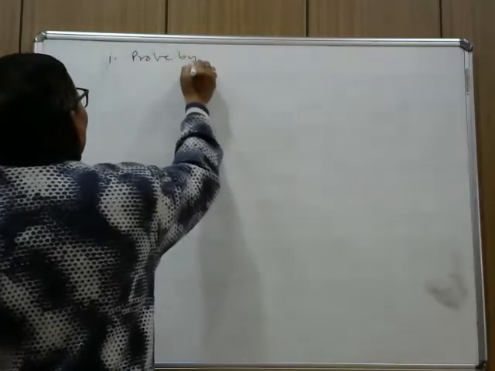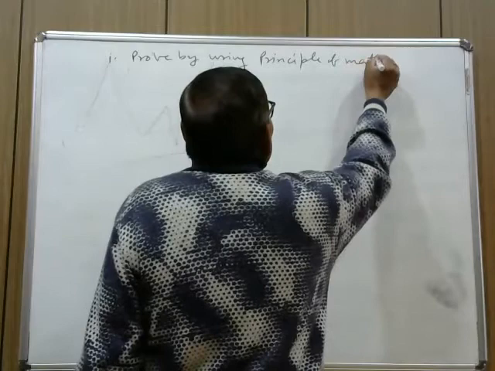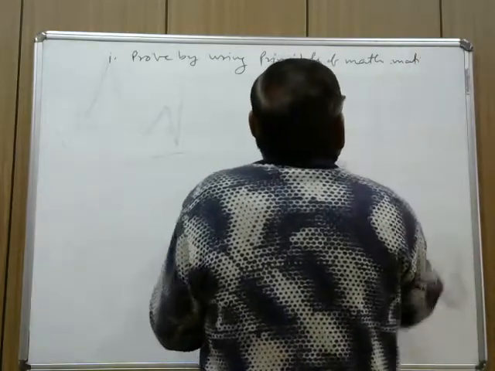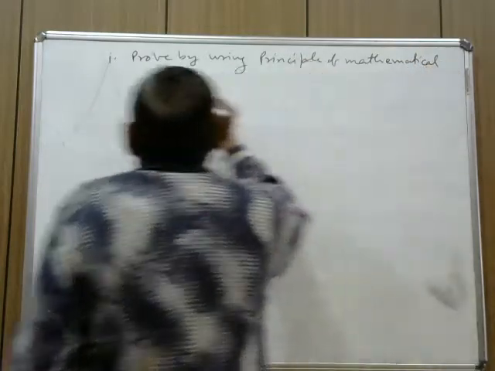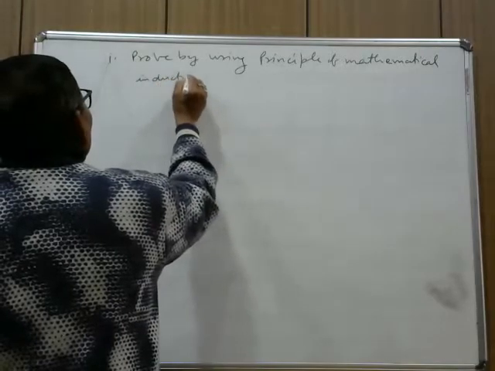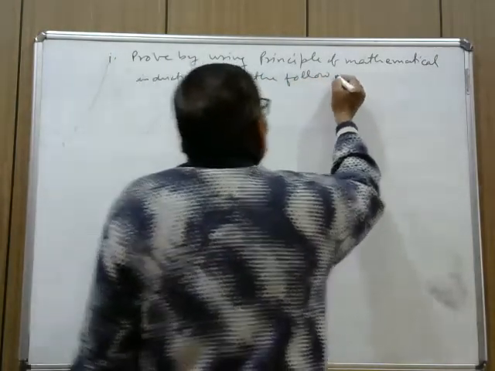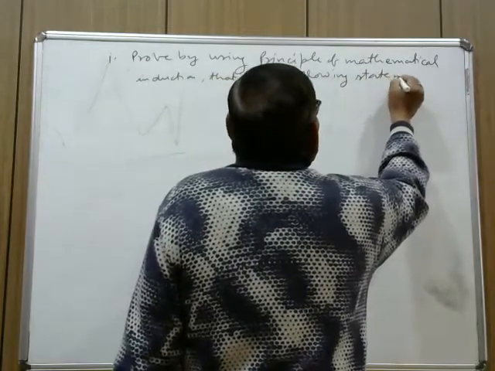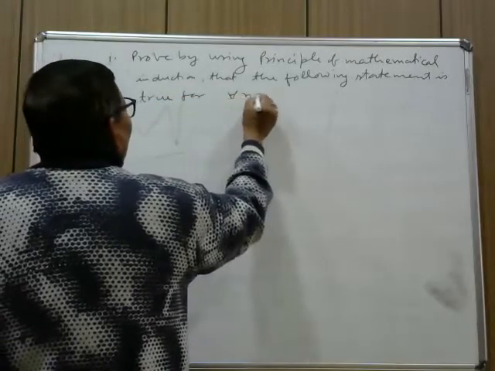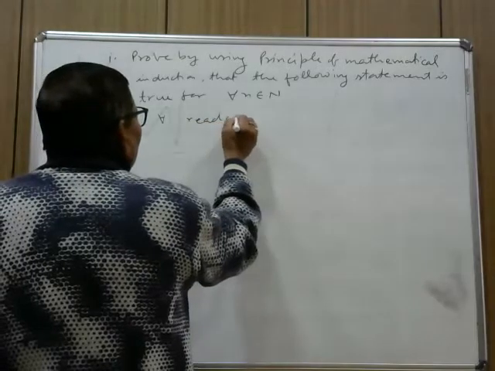Prove by using principle of mathematical induction that the following statement is true for each n belongs to N, for all n belongs to N. This symbol read as for all.